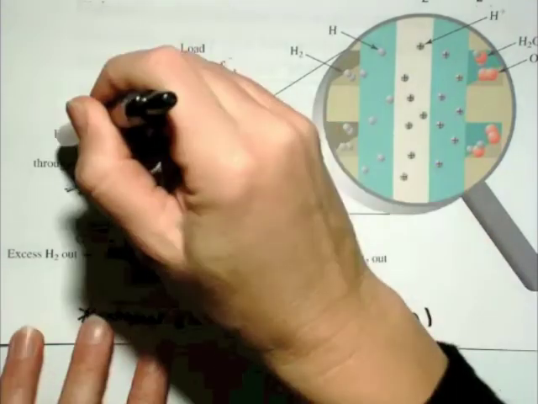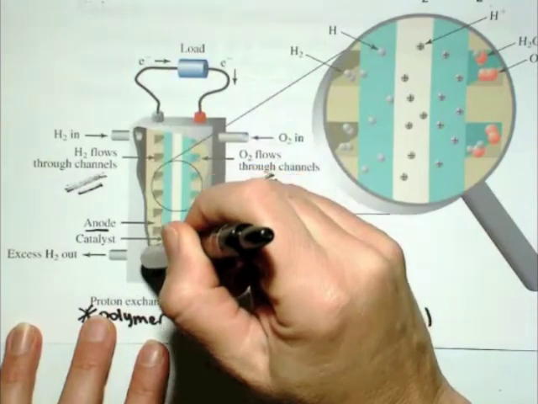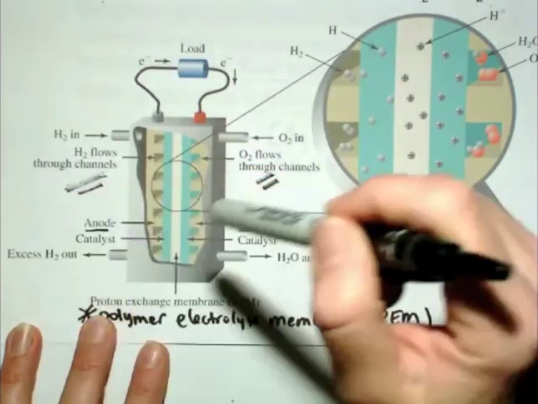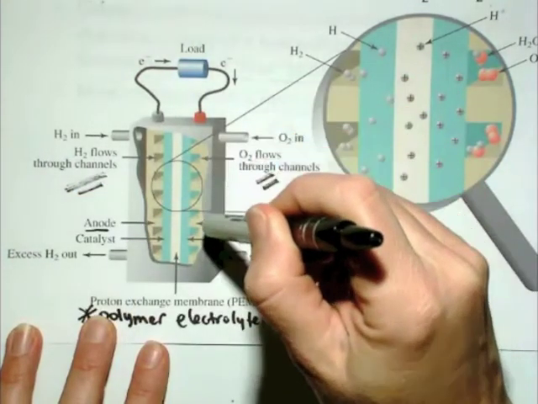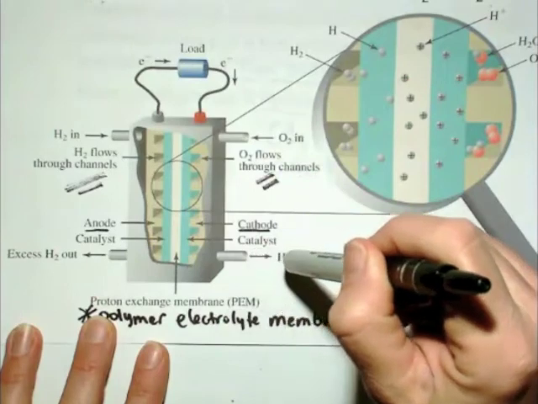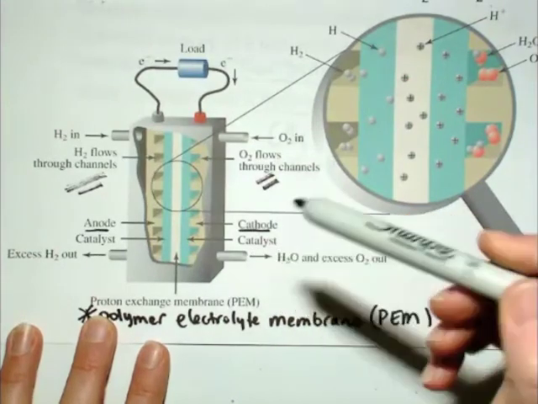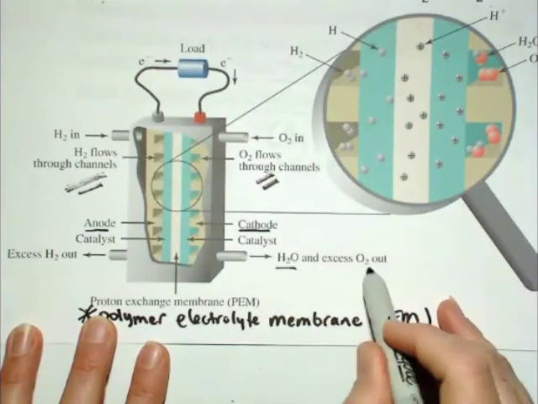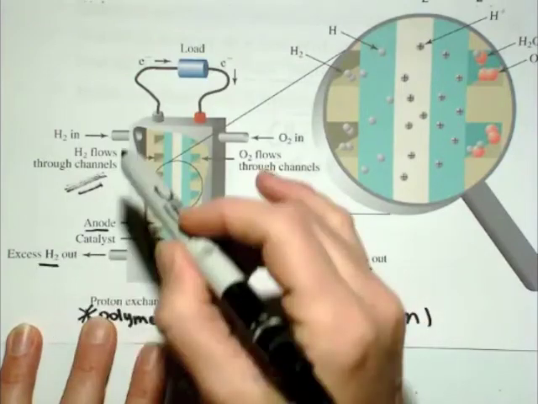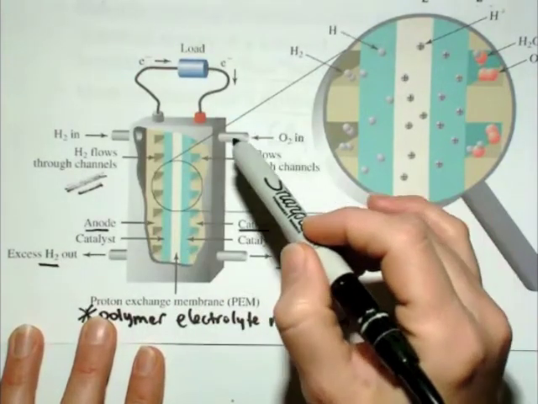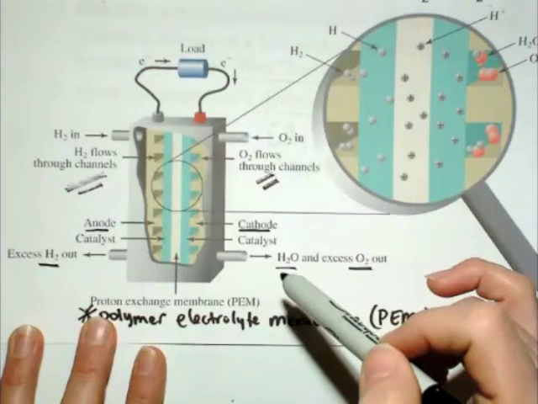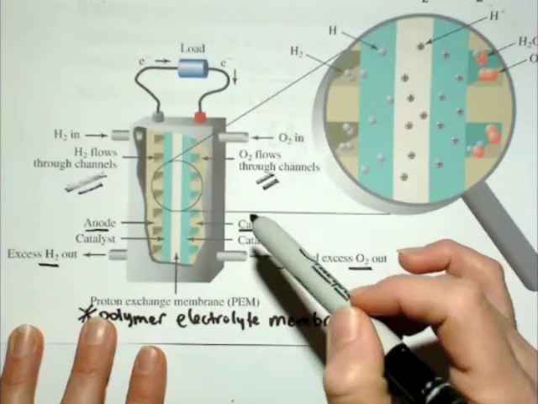Okay, so the hydrogen is flowing in, and then the excess hydrogen is flowing out. Oxygen is flowing in, and excess oxygen and the product of the oxidation-reduction reaction are flowing out. That's why it's called a flow cell, because we're continually flowing the fuel through.